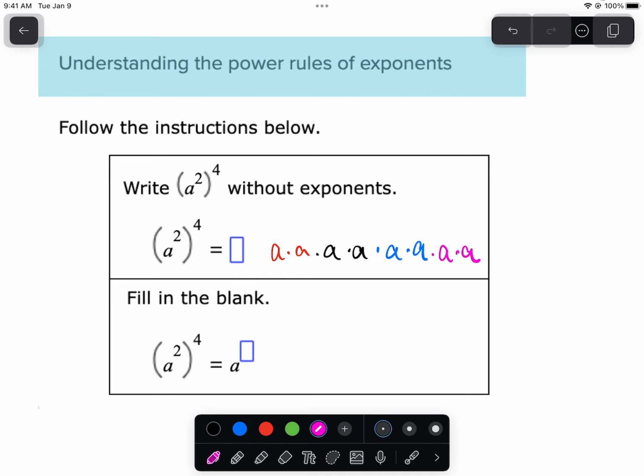A squared is a times a, and then we have a second one, and a third one, and a fourth one. So they just want a big string to prove to you that we're going to get a to the 8th. That's all they were doing with that rule, to remind you that the reason the multiplication rule works is because we get 4 sets of 2 pairs of A's multiplied together. That's why we have 8 of them. That's all they want there.